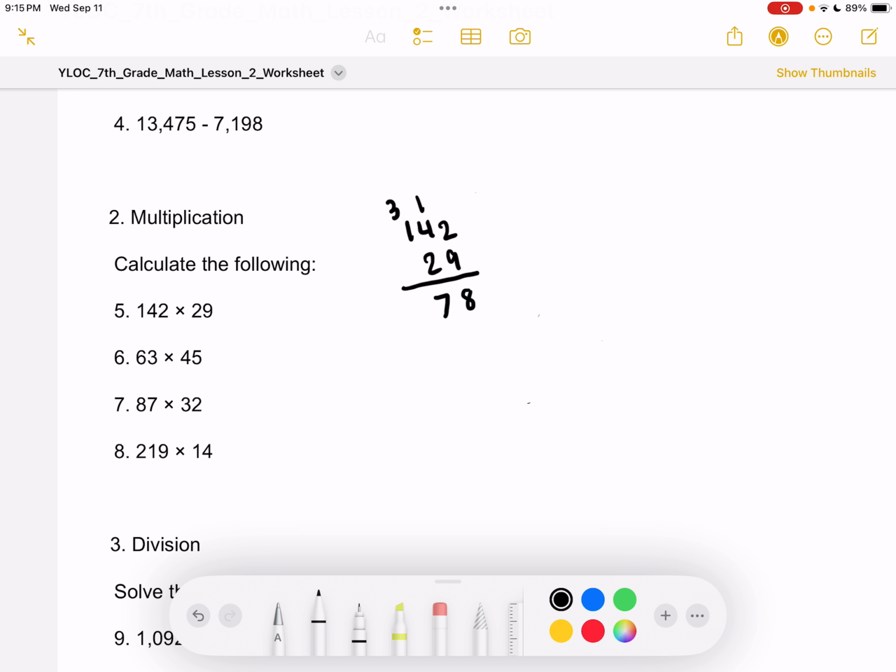And 1 times 9 is 9, and we would add the 3, which would give us 12. We would add a 0 on the bottom here. 2 times 2 is 4. 4 times 2 is 8. And 1 times 2 is 2. And when we add that all up, that'll give us a total answer of 4,118.